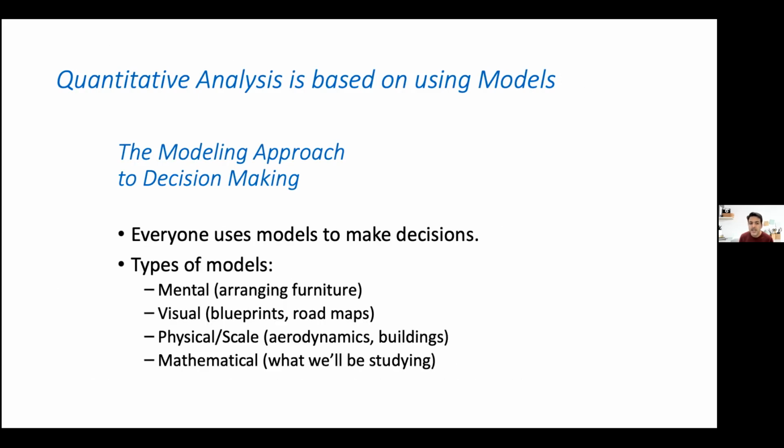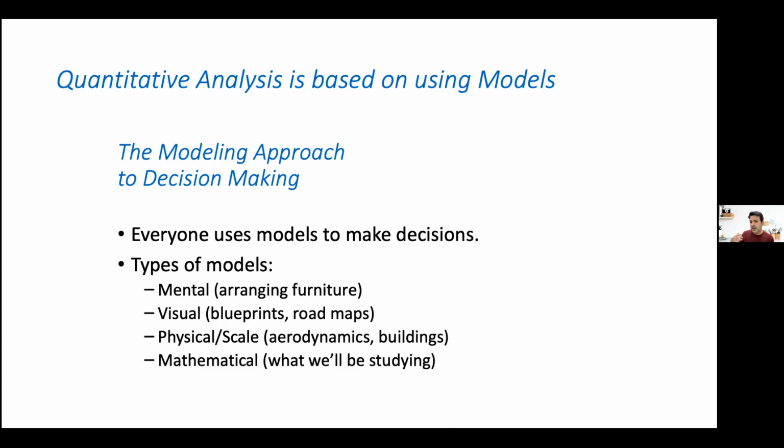So, types of models. We have 4 types of models. First of all, we have mental modeling, and mental modeling means just having something in your head, thinking about something. For example, think about your furniture. What happens if you put the sofa over there? What's it going to look like?